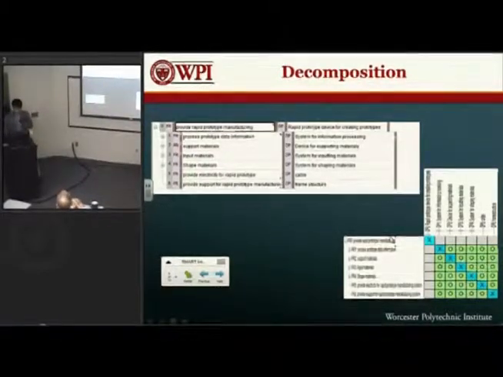We have to provide hardware which can help us process prototype data information, support materials and input materials, then shape materials. It also has to provide electricity for rapid prototype and provide support for rapid prototype manufacturing.